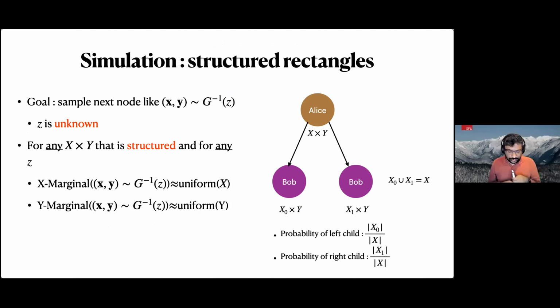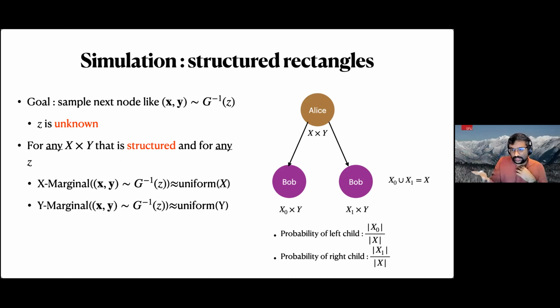Yeah, so now for any structured rectangle, we can use the same philosophy to sample a descendant according to the target distribution that we need. For any structured rectangle, the uniform marginals lemma tells you that for any C, the X marginal of (x, y) sampled from G inverse of C is uniform on the X inputs, and the Y marginal is uniform on the Y inputs.